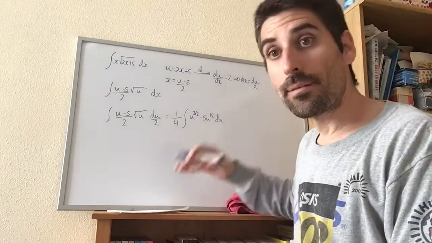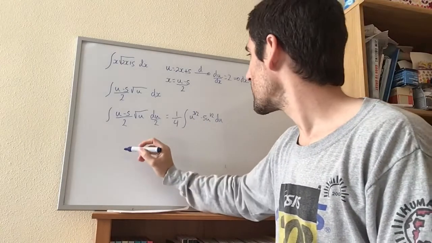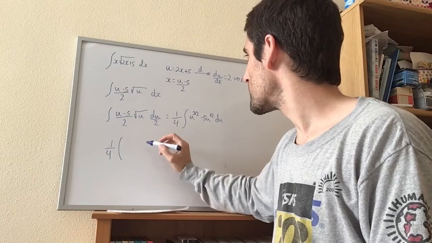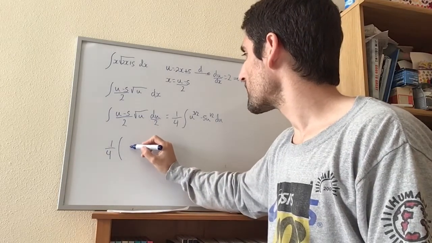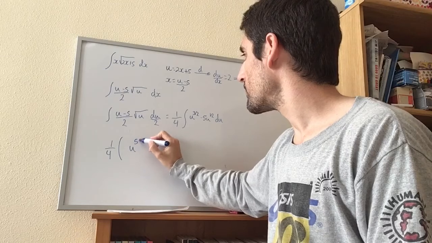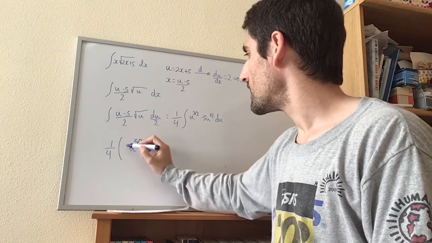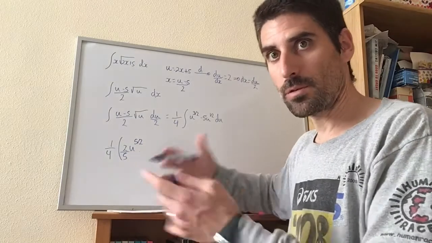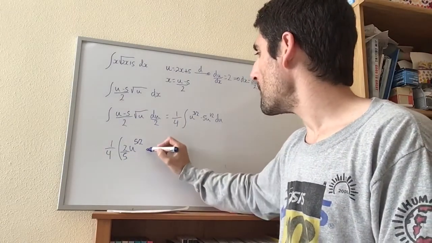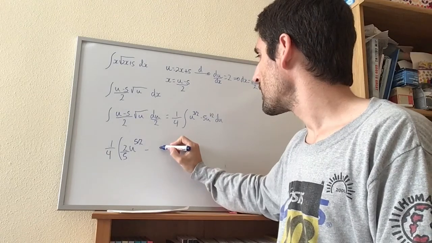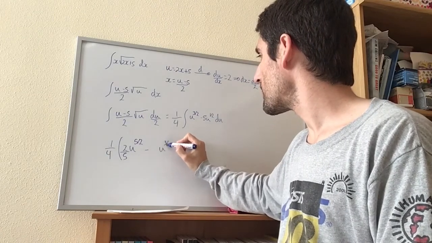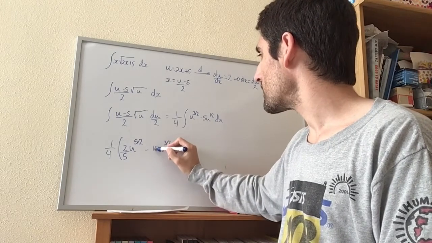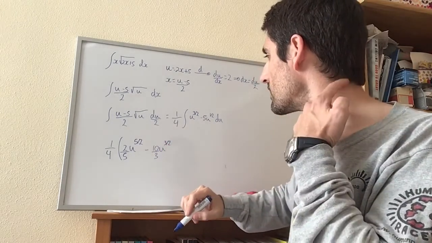Now if I integrate this, I get 1/4 times u to the 5/2 times 2 over 5, because I need to adjust the coefficient, minus u to the 3/2 times, I believe, 10 over 3.